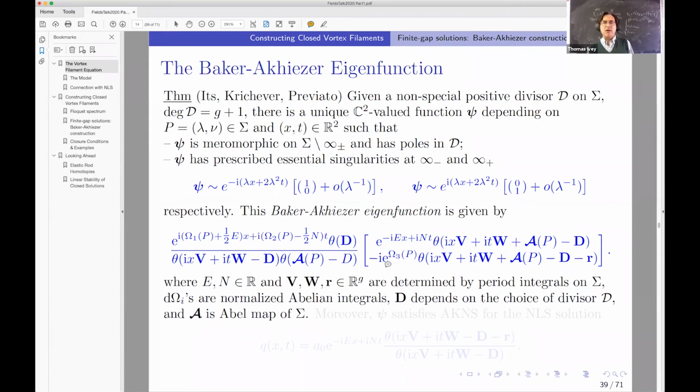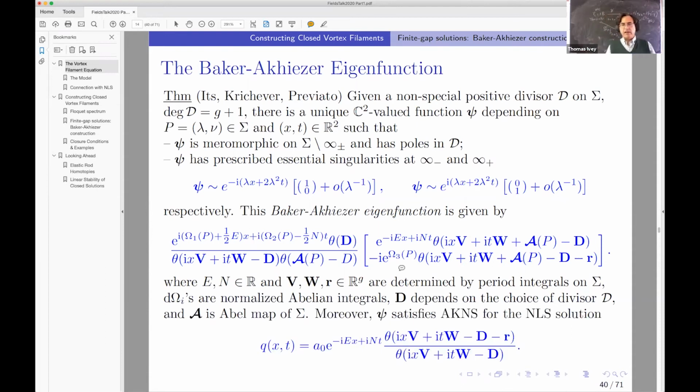And all this information can be determined by doing certain integrals on your Riemann surface. So you bring that package all together, and this vector-valued function turns out to satisfy the AKNS system for the NLS solution that's given by this quotient of theta functions with an exponential factor up front.